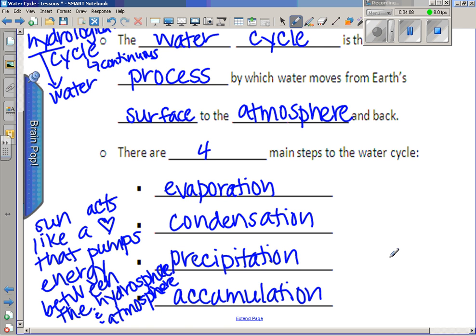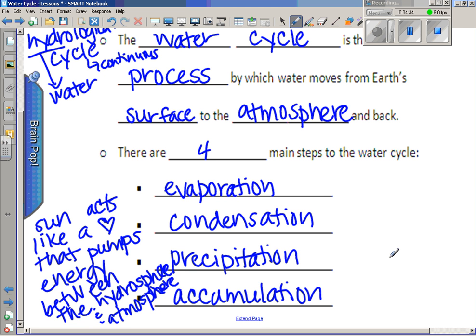Just like your heart pumps blood through your body, the sun helps pump that energy, that water, between the hydrosphere and the atmosphere.